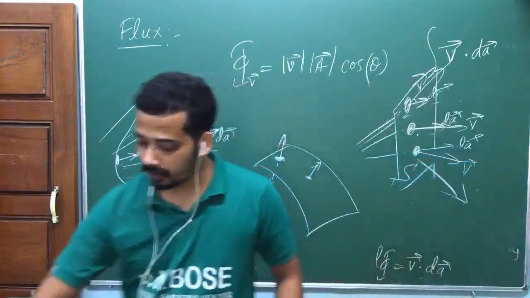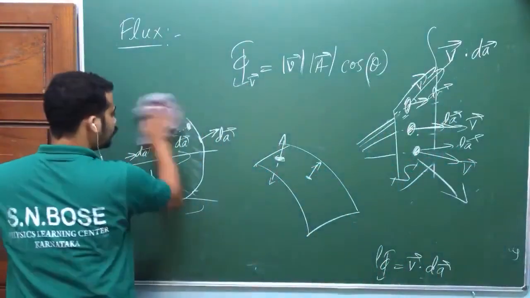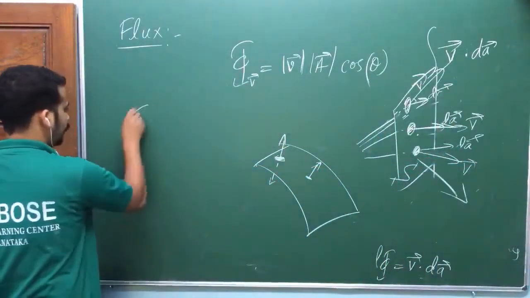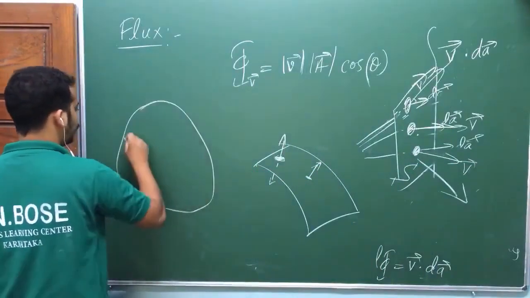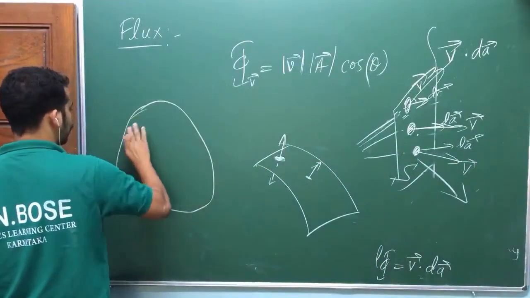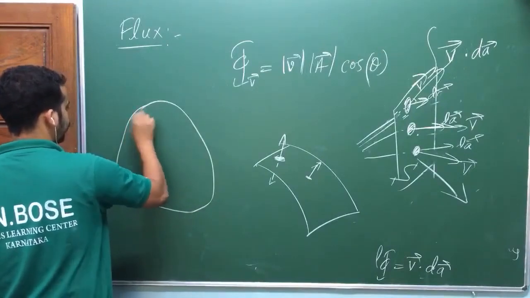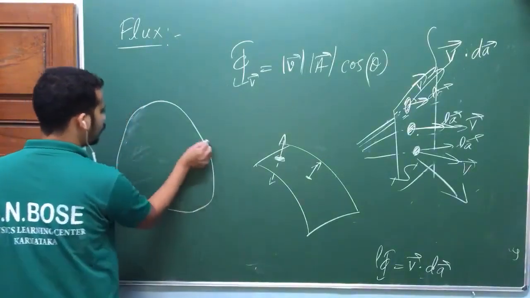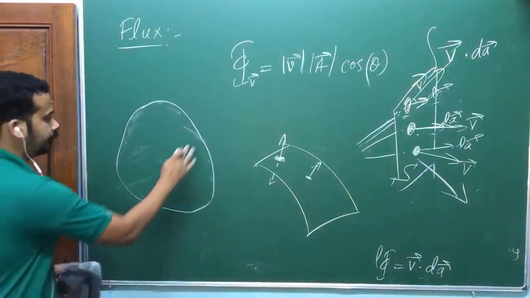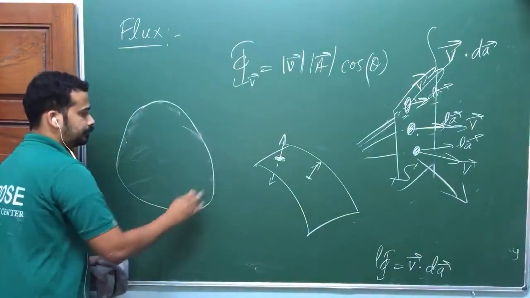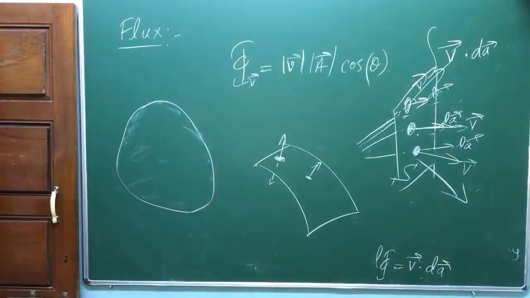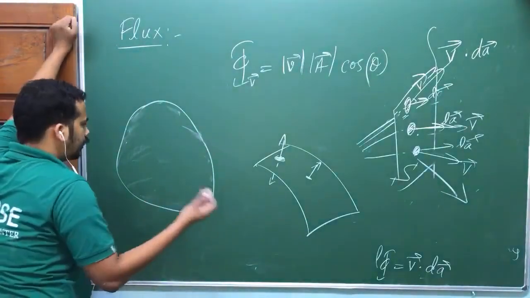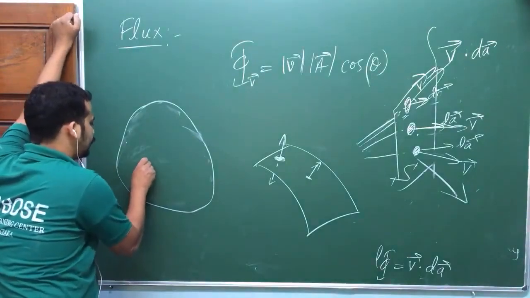So now if you have that kind of closed surface area, suppose again you can consider there is one charge here or something.